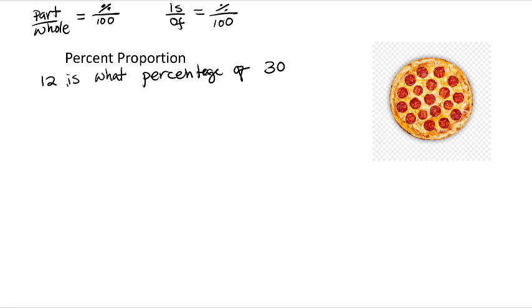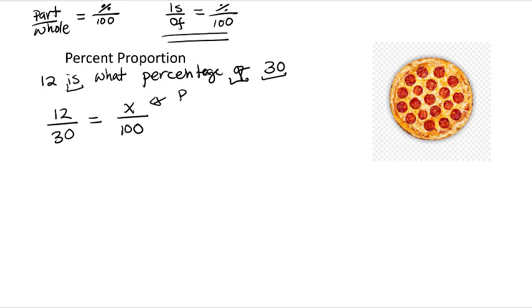Okay, so we have the words is and of, right? And we're looking at how much is 12 in proportion to 30. So we're looking at this formula here, is over of, 12, the ratio of 12 to 30, right? That's the ratio of is to of, equal to whatever percentage we have divided by 100, where again x is the percentage as a number.